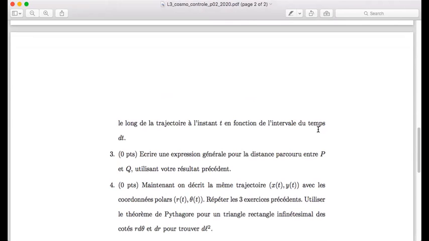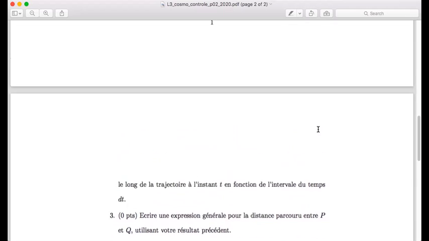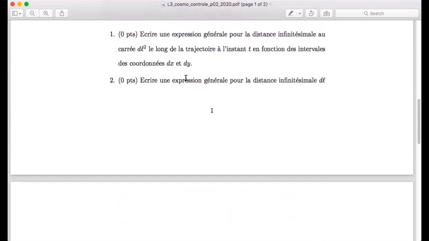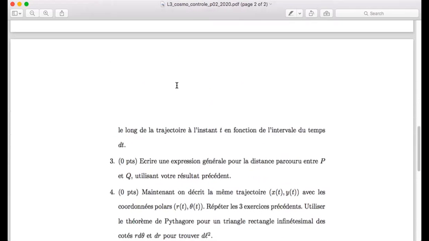Now this is a little less obvious. We've got dl squared is dx squared plus dy squared, right? Now just divide both sides by dt all squared.